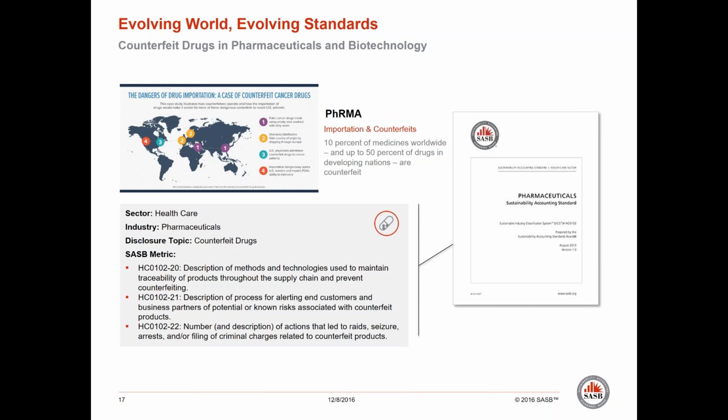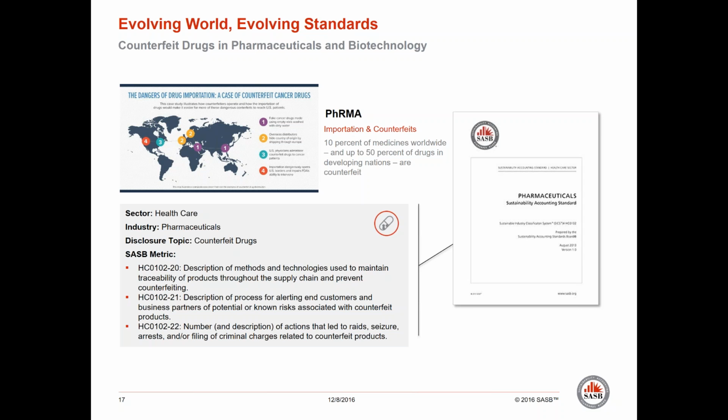It damages reputation, it directly can reduce sales, and of course it can bring upon new regulation, and we're starting to see that here in the United States, where regulators are starting to require RFID tagging and other technologies to try to better ensure the safety of and traceability of the supply chain.